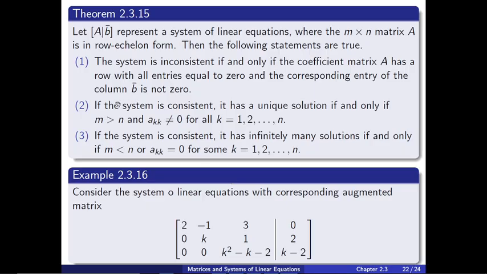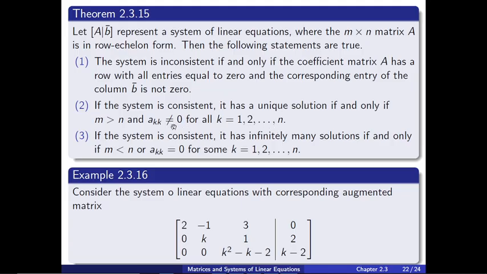And then if the system is consistent, it has a unique solution if and only if m is greater than n and a_kk is not equal to 0, and this is for all k from 1 up to n.